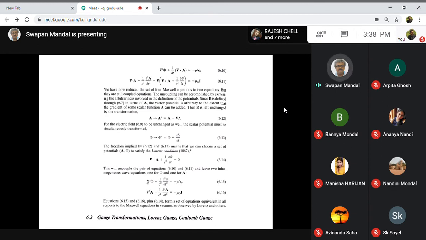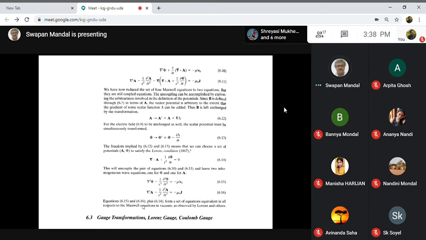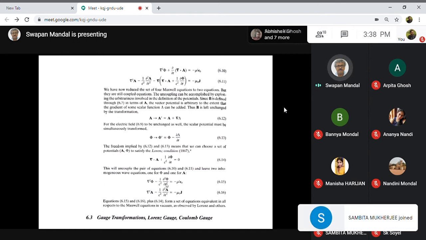If you look at these two equations, phi and A look similar. These two equations look similar. In fact, we are treating A and phi on the same footing.